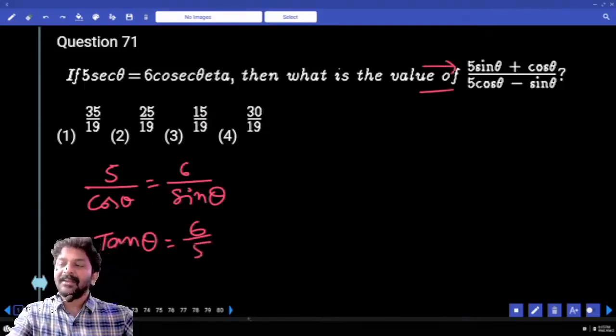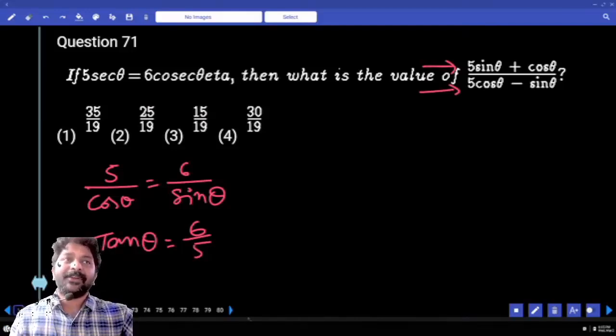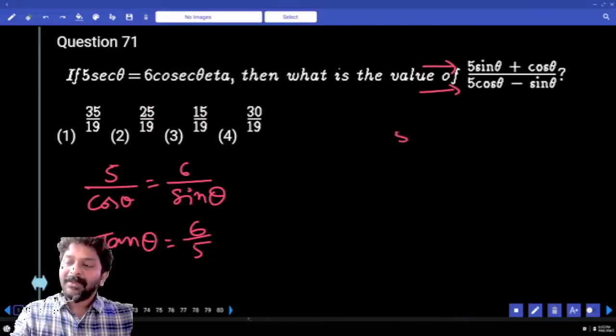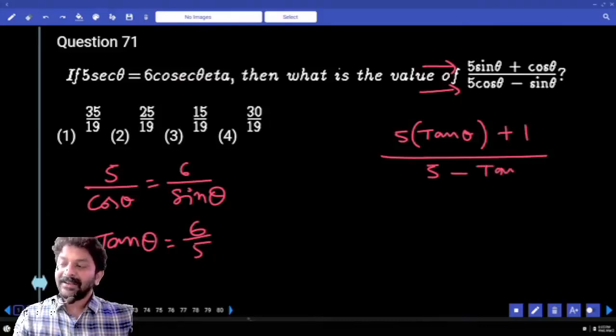So here sin and cos values are there in the numerator and also in the denominator. If you take cos theta common, it becomes 5 tan theta plus 1 by 5 minus tan theta.